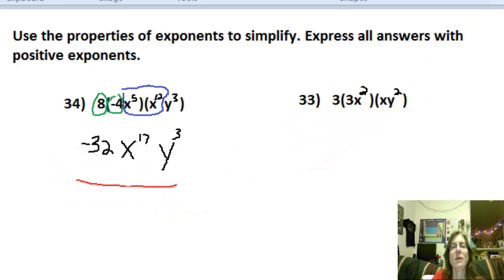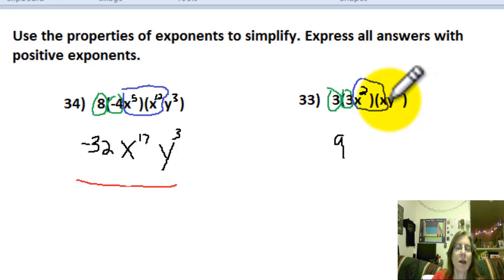Now let's do the same thing here. We're going to multiply our numbers. We're going to look for the exponents with the same base. And these x's here have the same base. And let's simplify. 3 times 3 is 9. x squared times x.